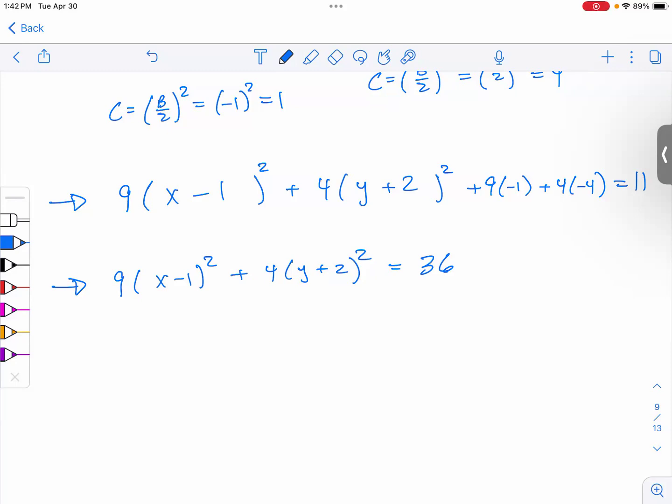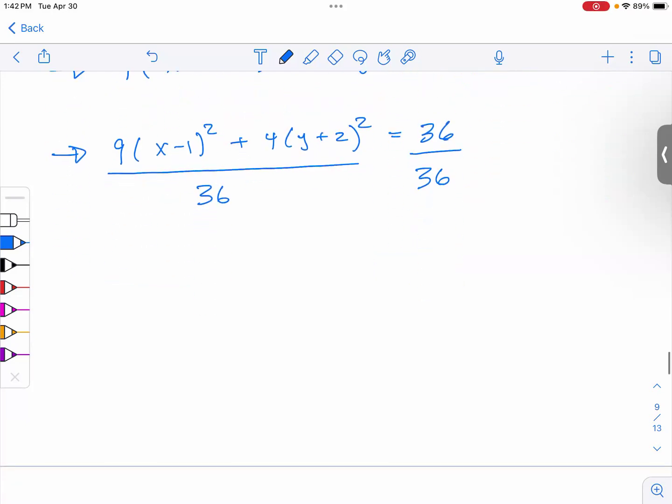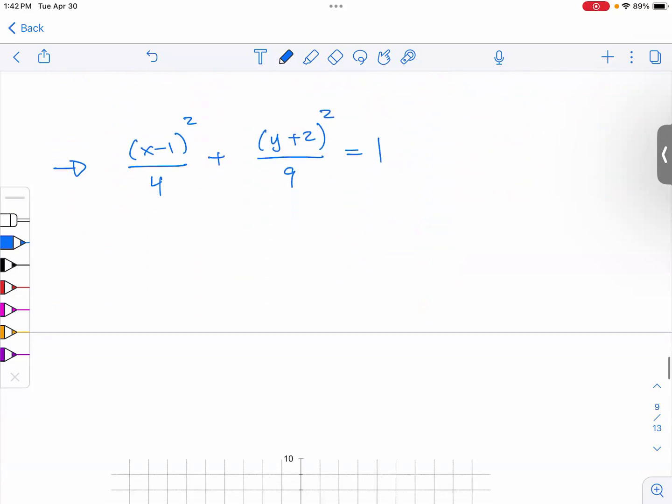And then the other big step for conics: divide both sides by that value. Okay, so let's see, what do we got? 9 over 36, 1/4. And that one's 9. And we are almost there.